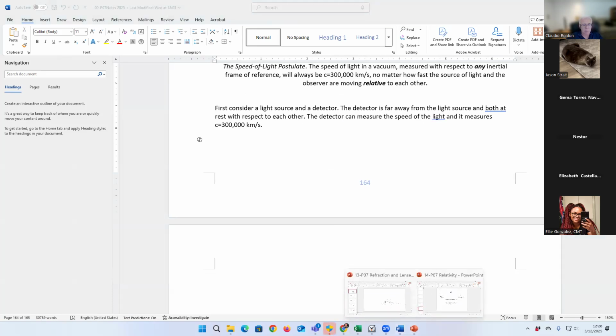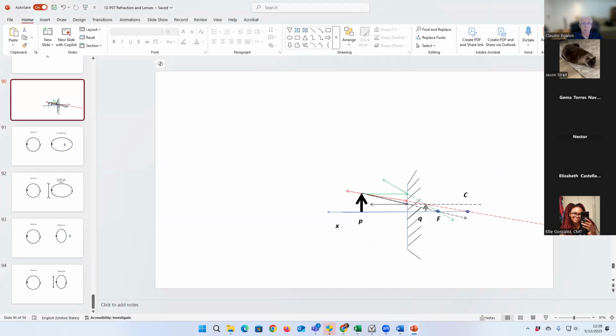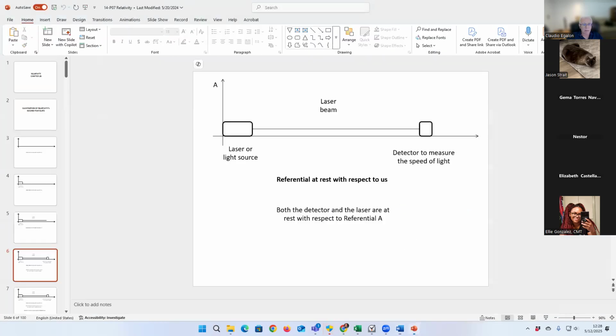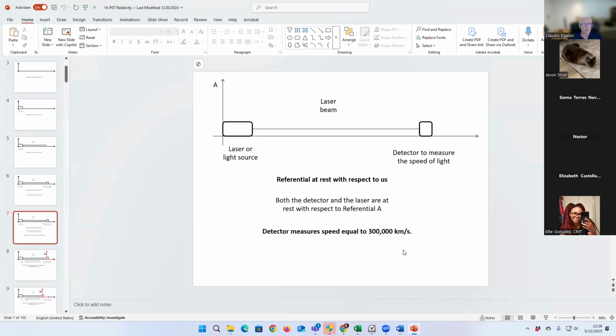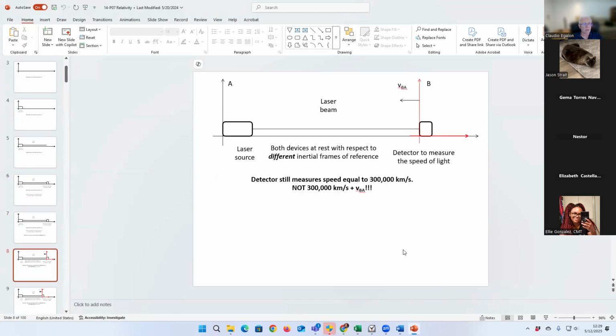Then we repeat the experiment in a different way. Referential A is for the laser, and referential A also for the detector. The detector measures a speed equal to 300,000 kilometers per second.